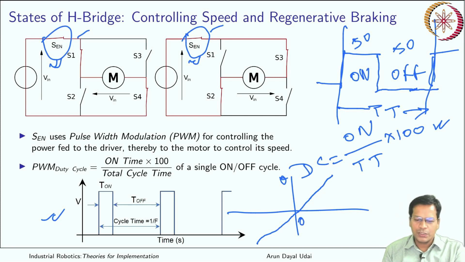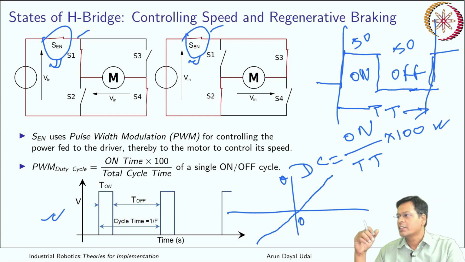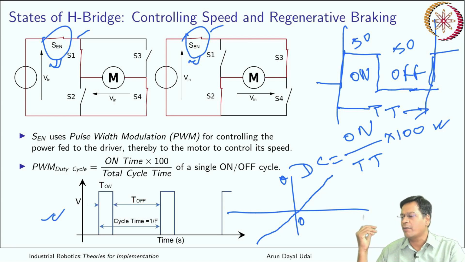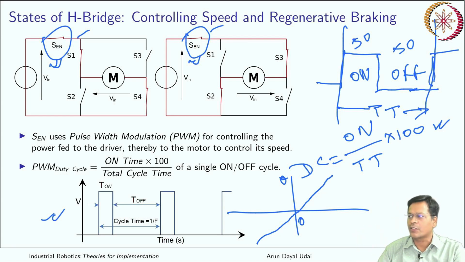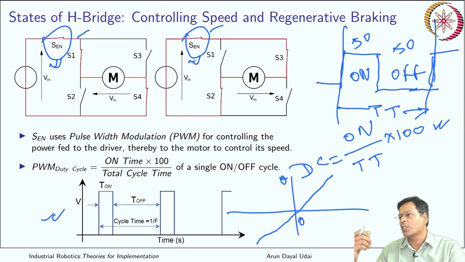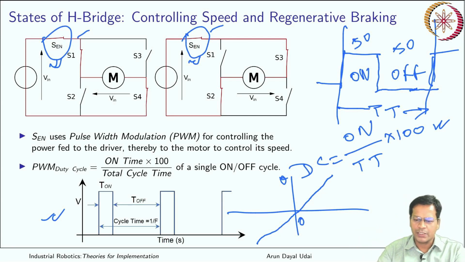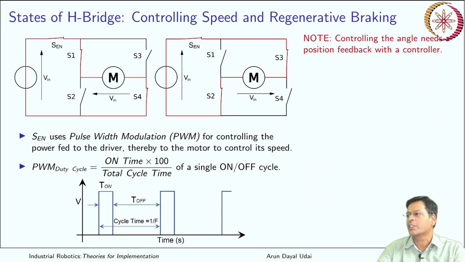Got it? So this is how you can control the speed and direction. In order to control the current, maybe you can have a DC chopper drive, which can control the current flowing through the armature coil, and finally the torque can be controlled. That is altogether a different story.